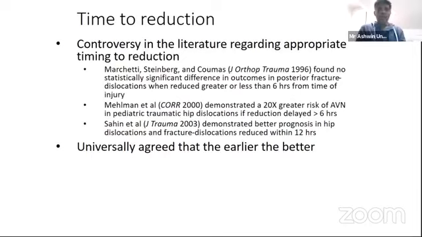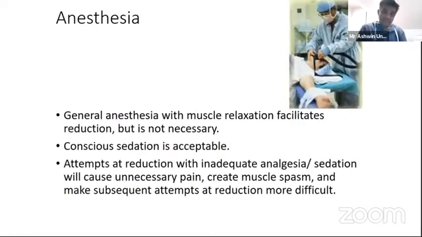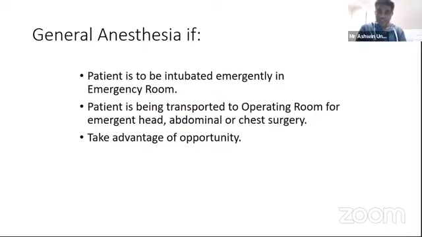So there is some controversy in the literature in the appropriate time of reduction, but the majority universal agreement is earlier, sooner, the better. Now, anesthetics, as we suggested, we need to have a good muscle relaxant effect and general anesthetics.